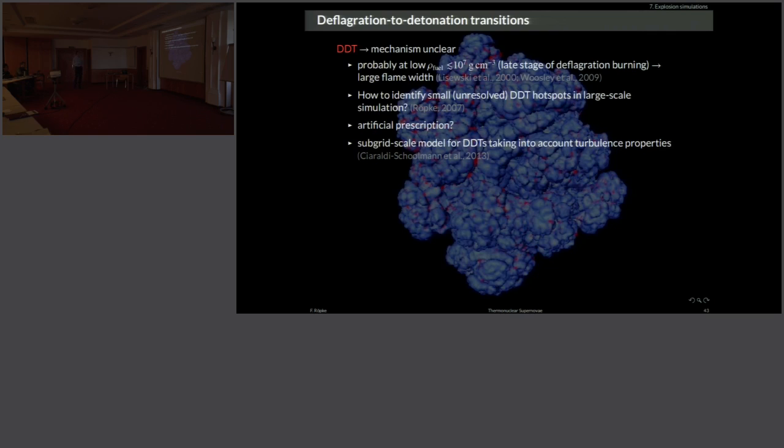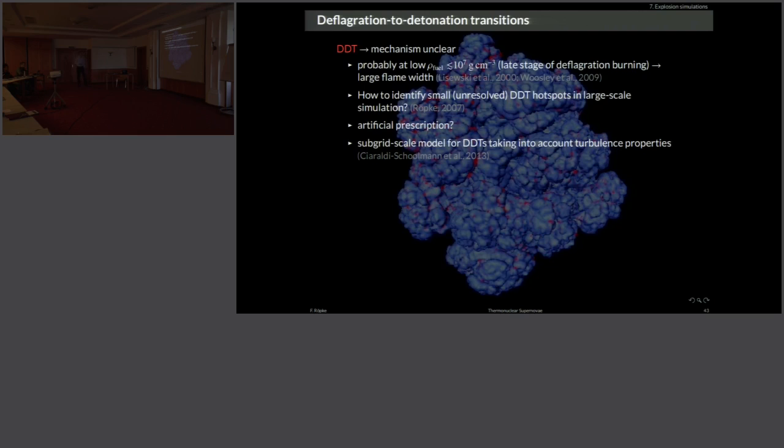So here I have shown in the background the turbulent flame structure, and I've color-coded here in red spots where high turbulence exists at still favorable densities. So these may be actually spots where a deflagration to detonation transition can happen, but of course these transitions cannot be resolved at a microscopic level.